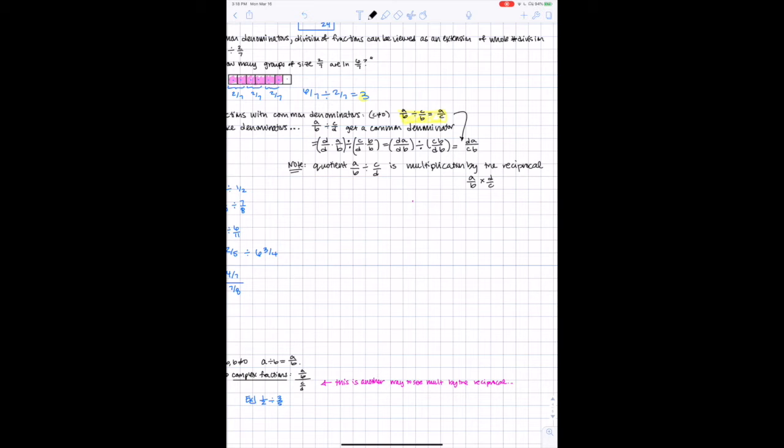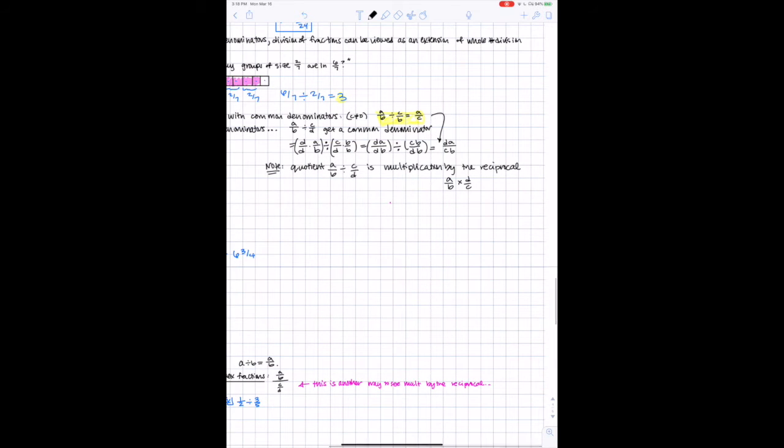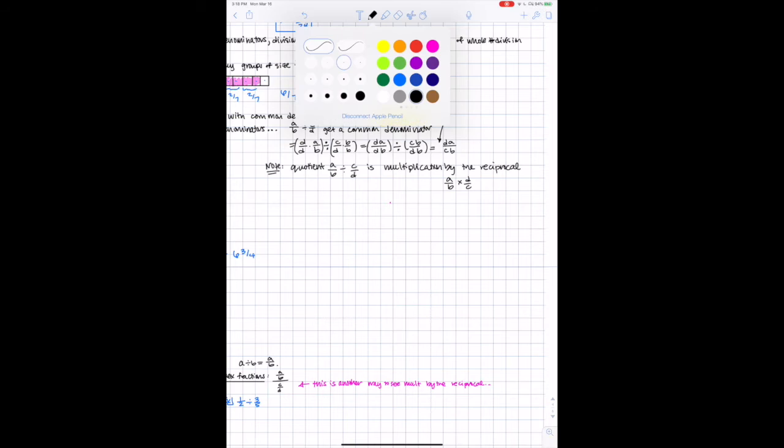So another way of rewriting this rule, without getting a common denominator, is what we normally do when we divide. If I think of the quotient A over B divided by C over D, just like I had before, one way I can do that is by multiplying by the reciprocal.